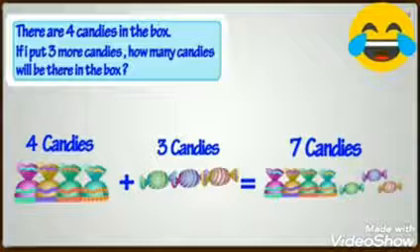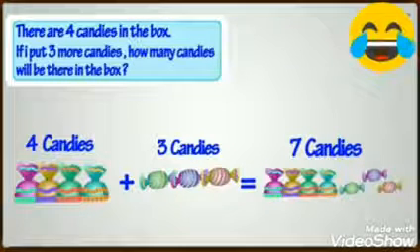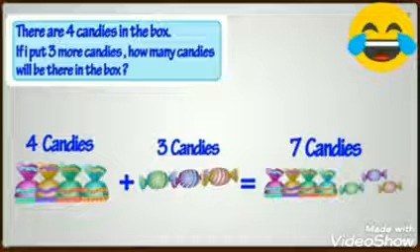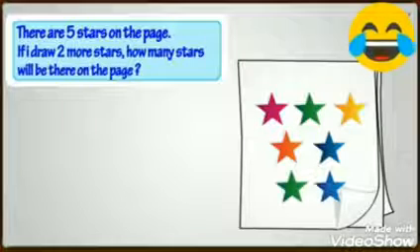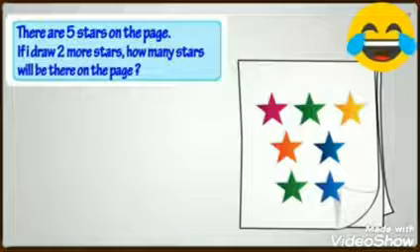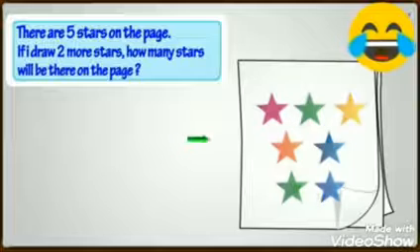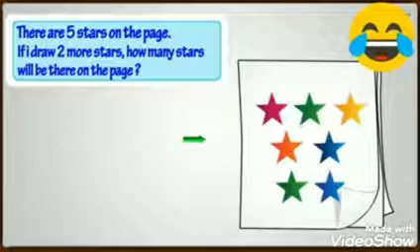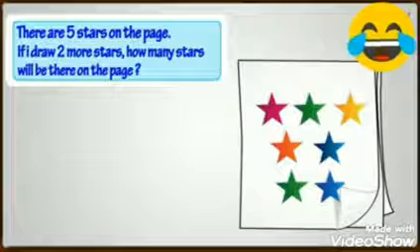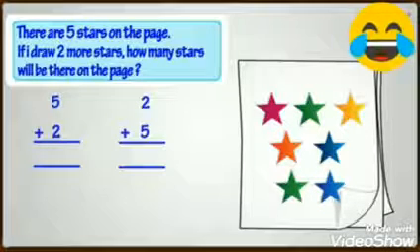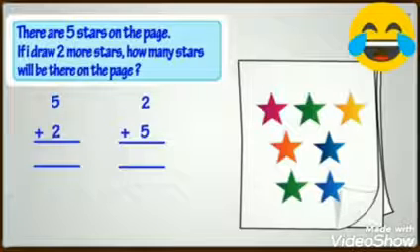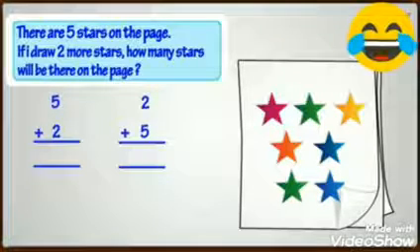Now, let's take another example. There are 5 stars on the page. If I draw 2 more, how many stars will be there? We can write it either way. So, we have to add 2 and 5.